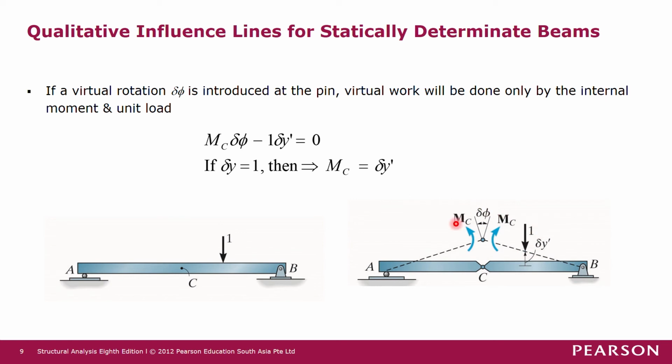So this 1 unit force also does negative work. And the work done by this pair of bending moment is mc times del phi. So the moment does positive work, and the 1 unit force does negative work. Then the total work done is 0 for equilibrium. So if del y is equal to 1, then mc will be equal to del y prime.